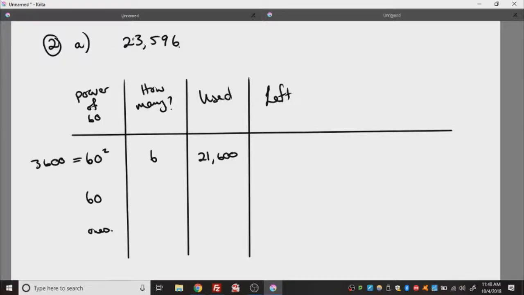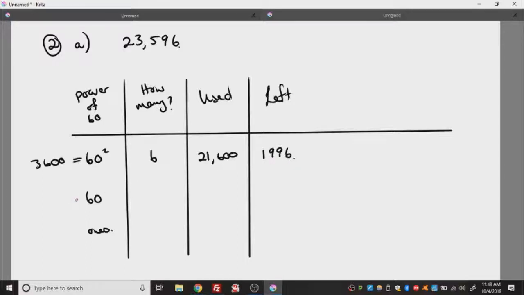By just taking the original amount, subtracting what I've used, I need to account for what's left. It's all calculator stuff. So 23,596 minus 21,600 is 1,996.